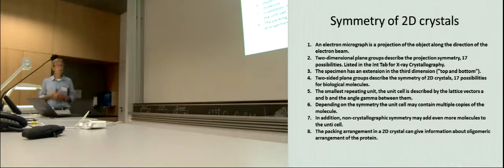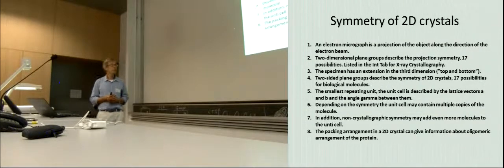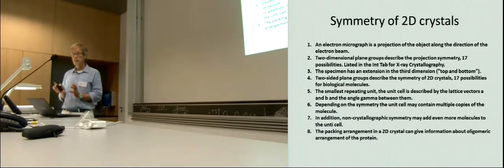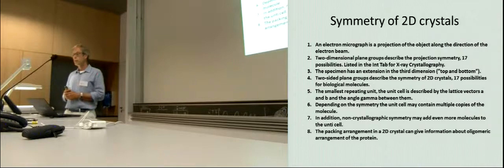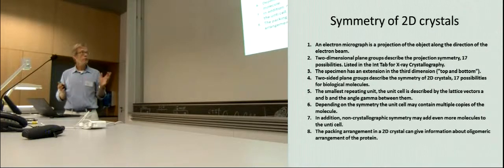has obtained 2D crystals of a new protein, because if you determine the unit cell size, the lattice vectors and your angle, you determine the unit cell area and compare it to the molecular weight of your protein, this could give an indication of the oligomeric arrangement.